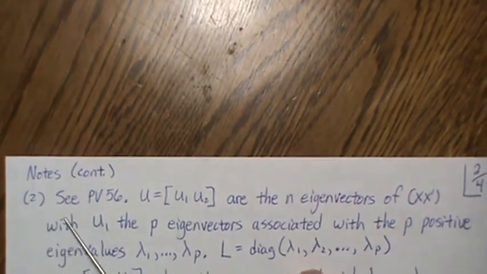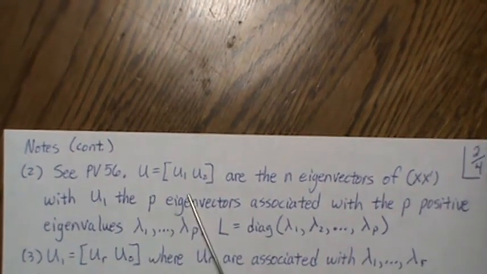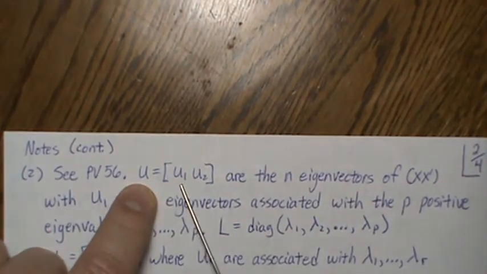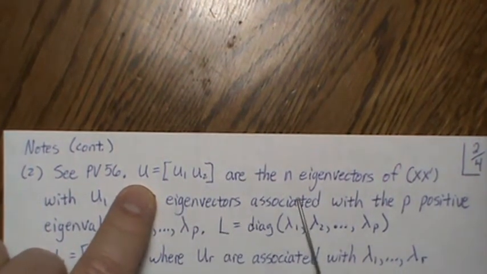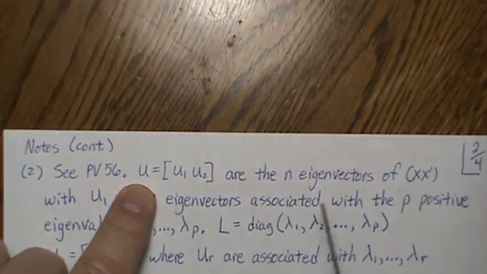Now note number 2: in previous video 56, we created a U matrix, and we split it into U1 and U2, and they're the n eigenvectors of X X transpose.